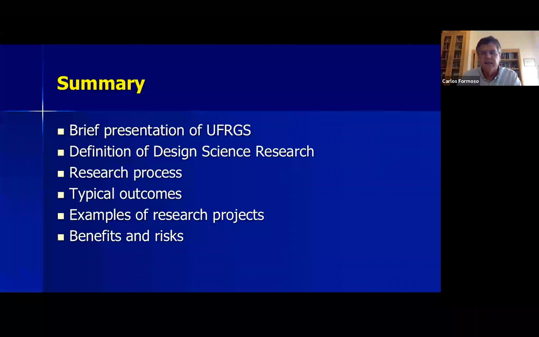And then I'm going to emphasize two topics: the research process involved in design science research and the typical outcomes, what you can get at the end of a research project in which you use design science research. I'm going to show some examples of research studies, examples of research processes, example of outcomes.